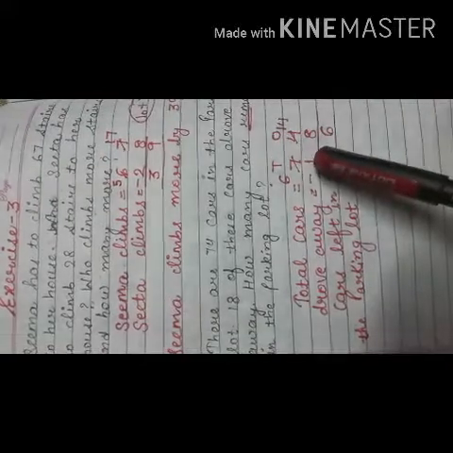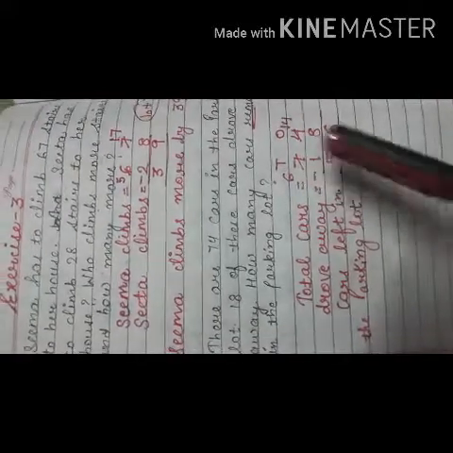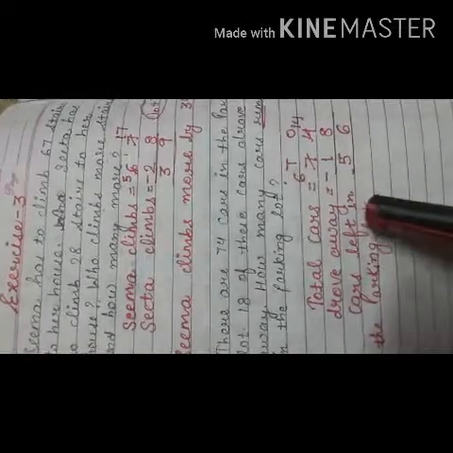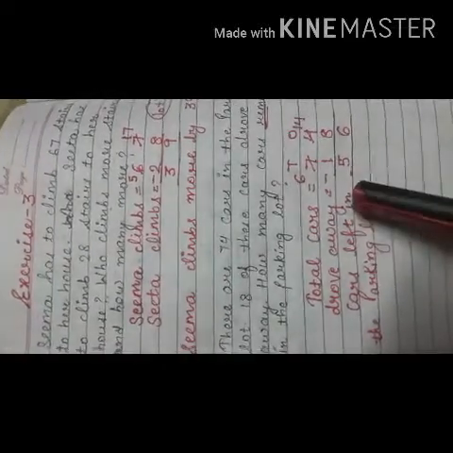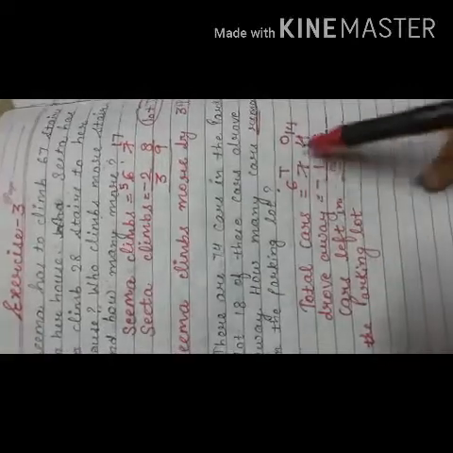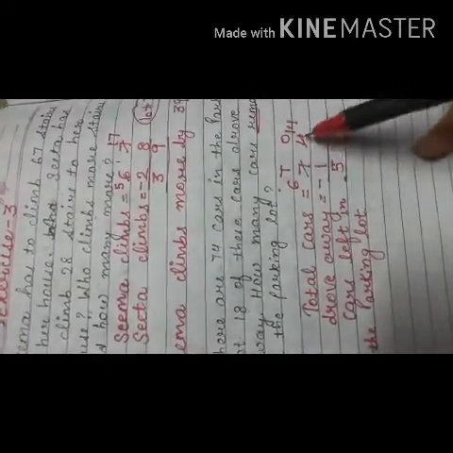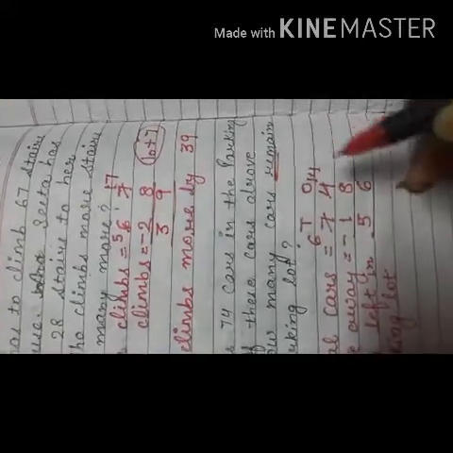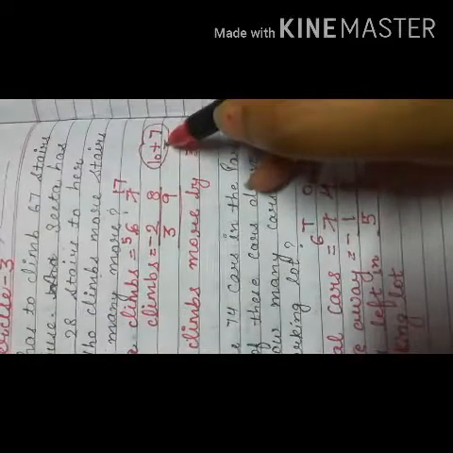Total cars we had 74, 18 cars drove away, and we are left with 56 cars, means there are 56 cars in the parking lot now. In the subtraction, you have seen that 4 has taken from 7, because we cannot subtract this. Like I have written here also, I have shown you.